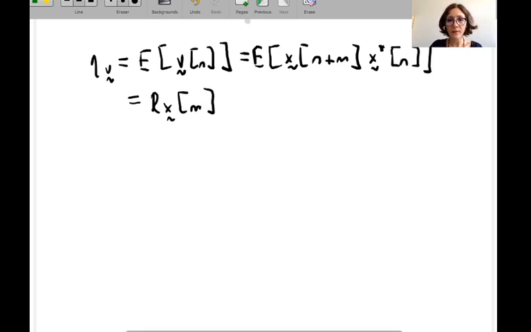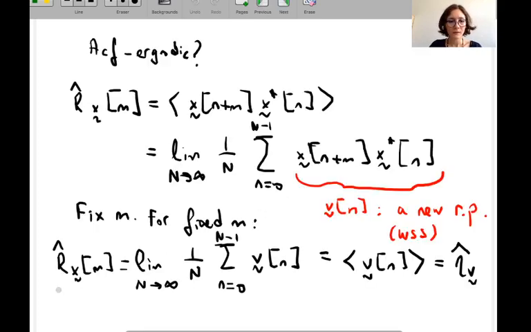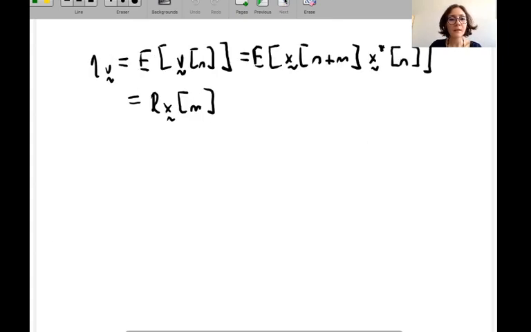Now again, wrapping it up, what we have is that this time average estimate of the ACF is equal to the time average estimate of the new random process V. Now we don't know if the random process V is ergodic, but if somehow we manage to show that V is ergodic, we know that this time average is equal to this. If V is ergodic, we have that property. But then what do we have?